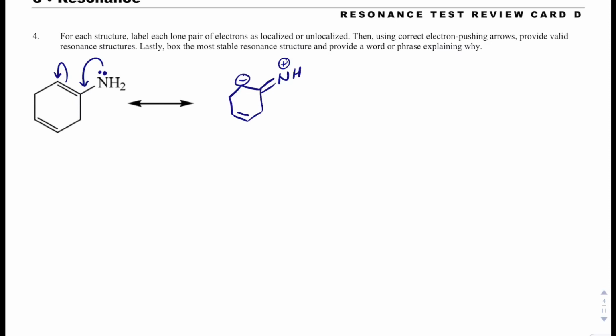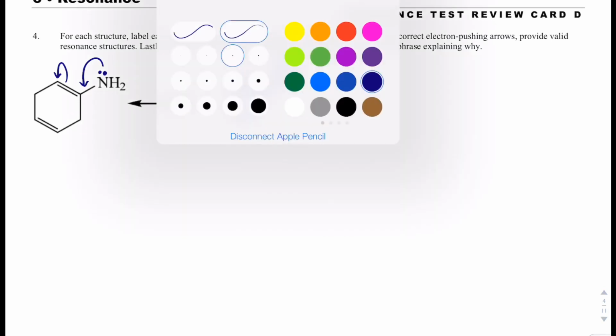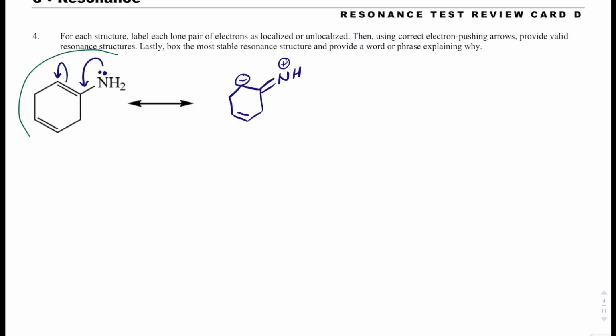This carbon will become negative, and actually, that's all the resonance structures there are here. If I try to create another double bond, there's not another one to knock out. This one down here is too far away, and so I'm actually done. When I circle which one's most stable, I would circle this first one, because it minimizes charges. Because it's neutral.